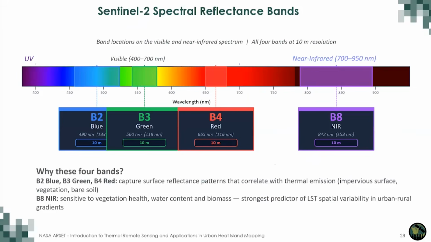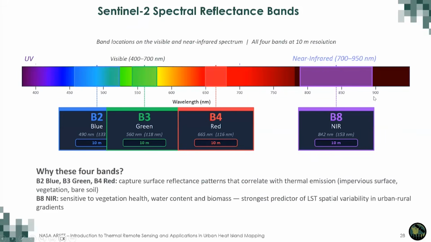The surface reflectance of these bands correlates with temperature, because the more reflective a surface, the less the surface will be heating, and therefore the cooler the surface will be. This is a bit of a generalization that doesn't always occur, but it's a good statistical correlation with temperature. We also then have band 8, which is the near infrared band.